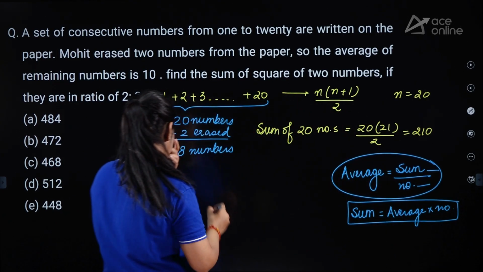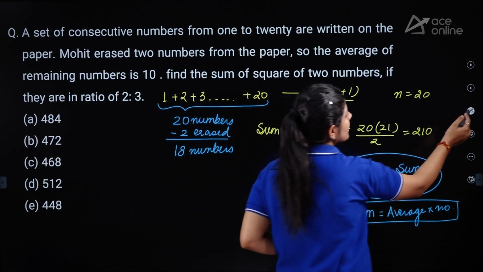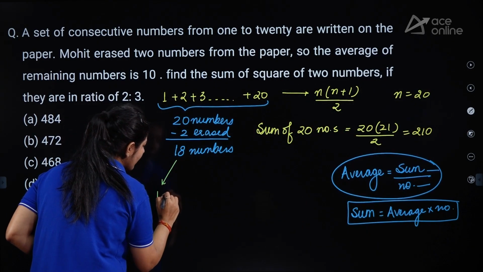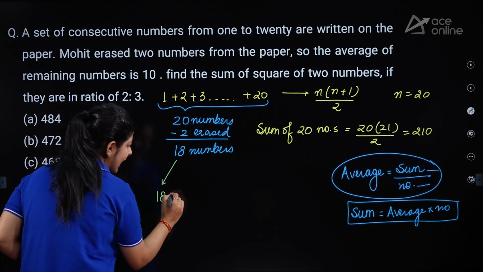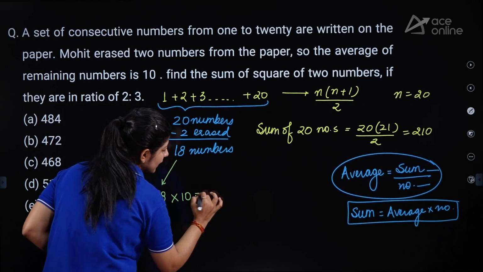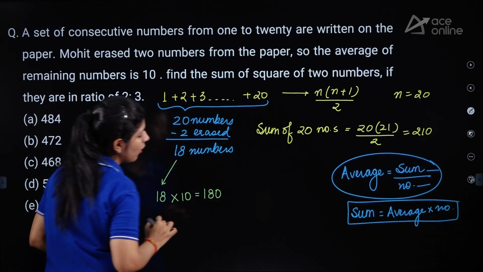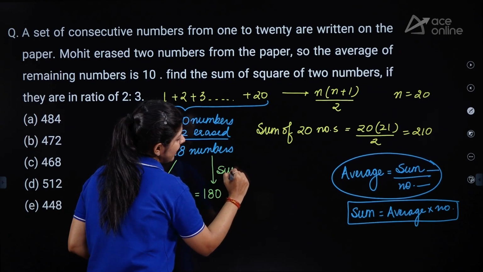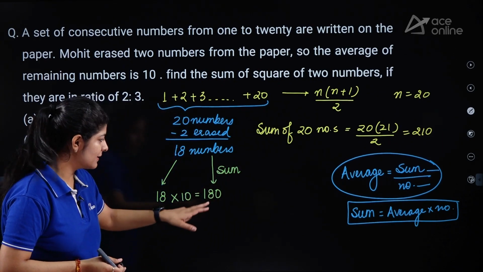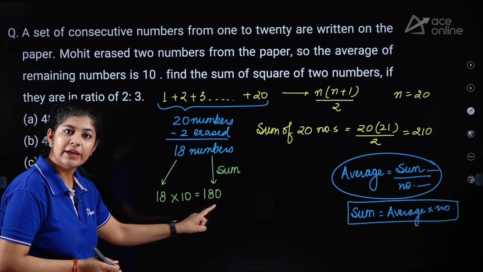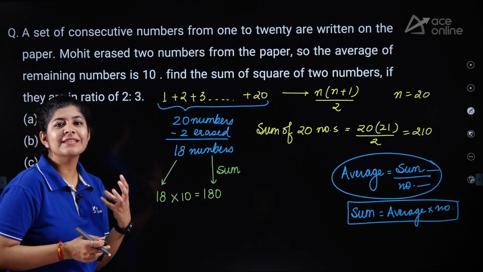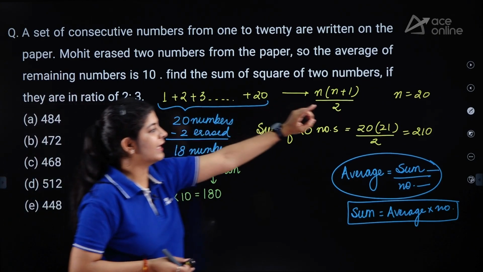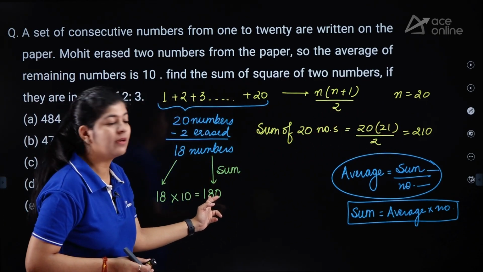For these 18 numbers, the number of observations is 18 and the average is nothing but 10. So we can say that the sum of rest 18 numbers is nothing but 180, right? So what is the difference that we are getting in both of the quantities? Here we are having 210 and here we are having 180.